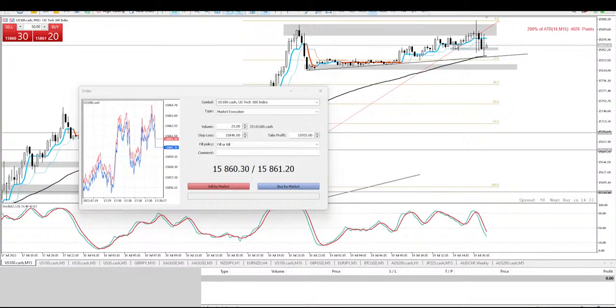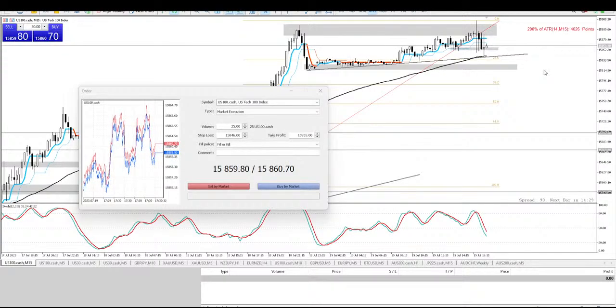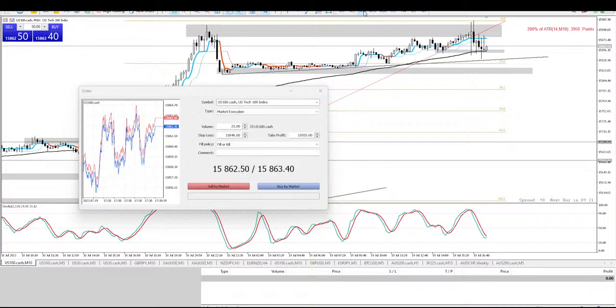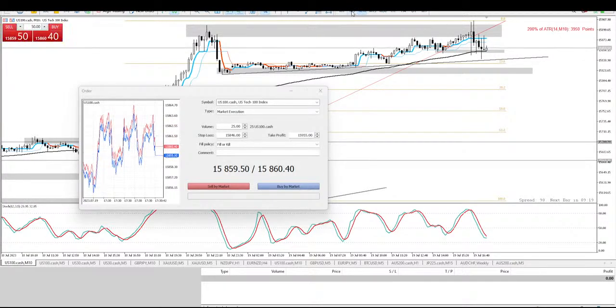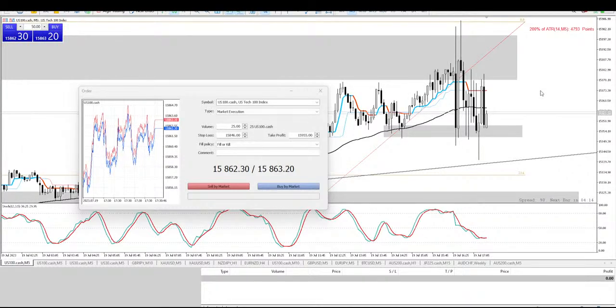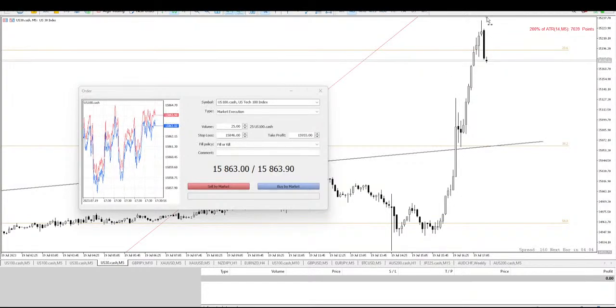What's the 50-minute saying? US30 is maybe trying to come down.